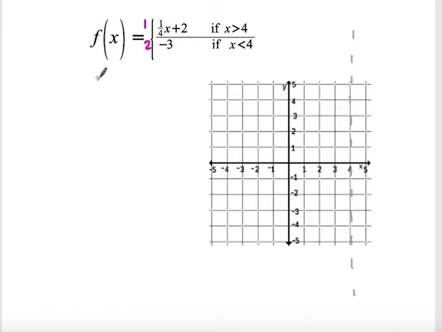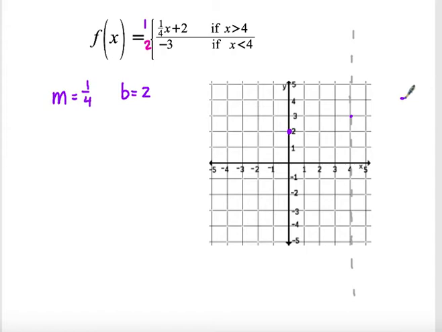So for the first function, I have a slope of 1/4 and a y-intercept of 2. Now I'm going to base it off my axes, but I'm not going to graph the whole thing. So my y-intercept is 2, and I'm going to go up 1 and over 4, up 1 and over 4.